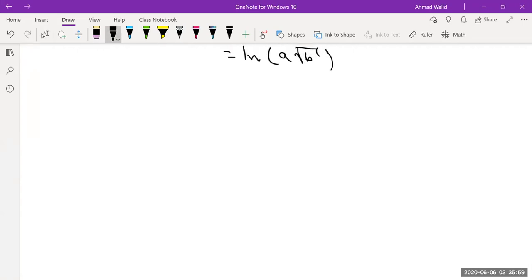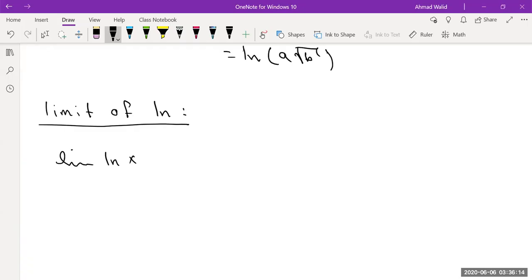Now, limit of ln. Number one, limit of ln x as x approaches infinity always gives you infinity.